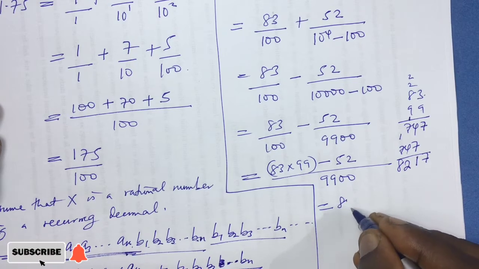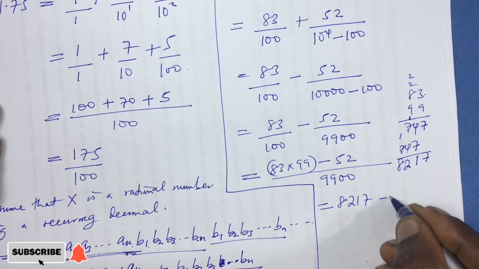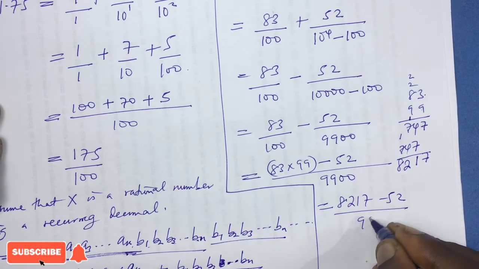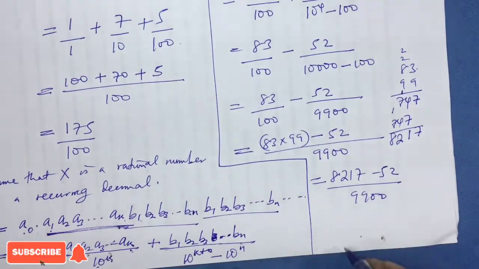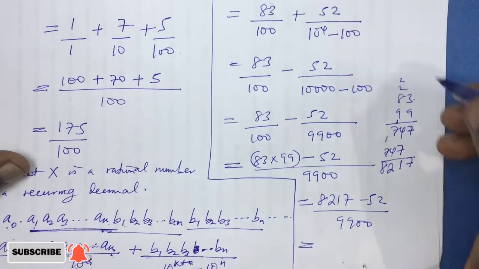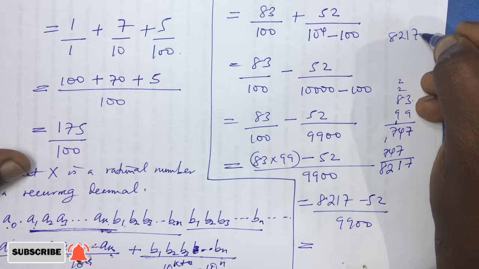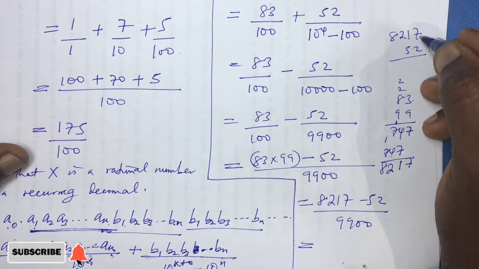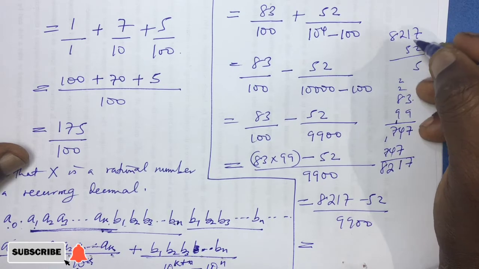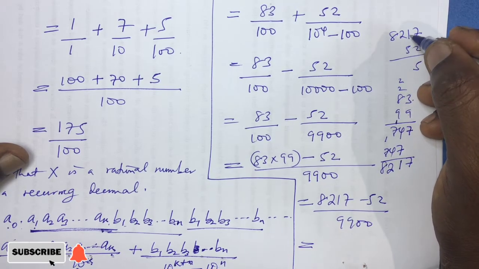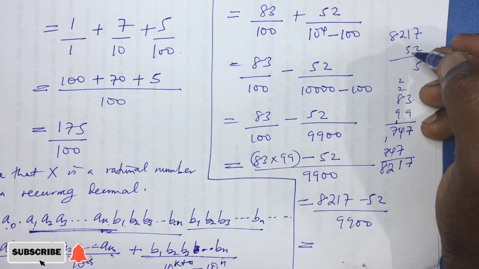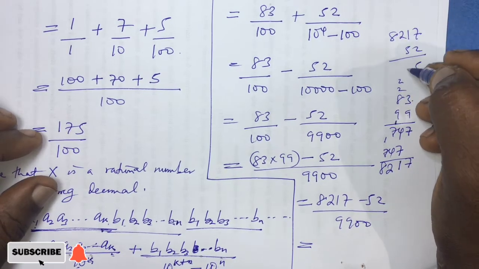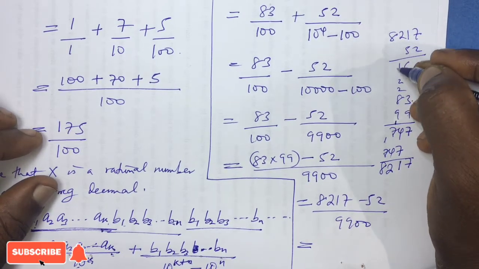So the fraction is now 8217 minus 52 all over 9,900. Okay? And that will now give you, if you subtract 52 from 8217, you end up having 7 minus 2 giving you 5, and 21 minus 5 giving you 16. So this will give you 6, and this will give you 1, and this will be 8.